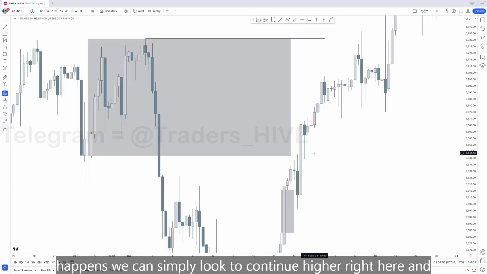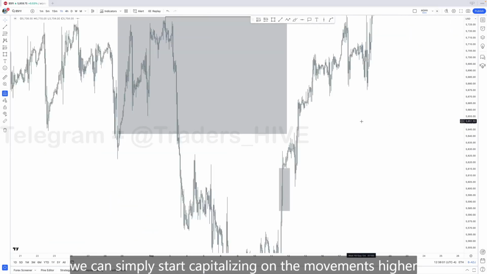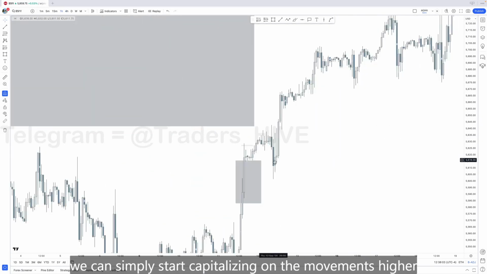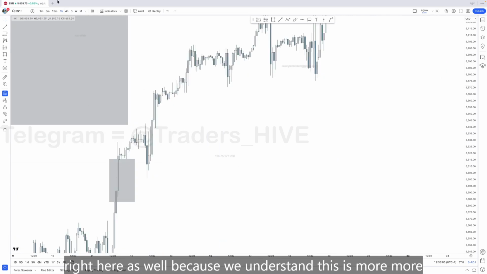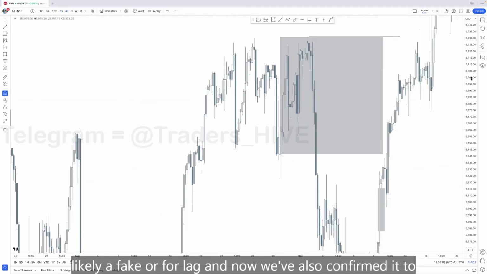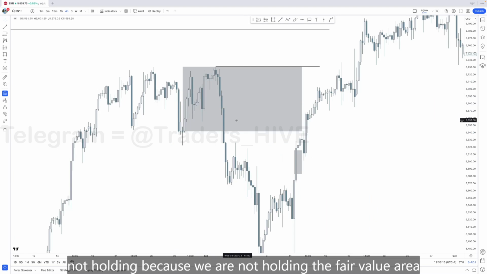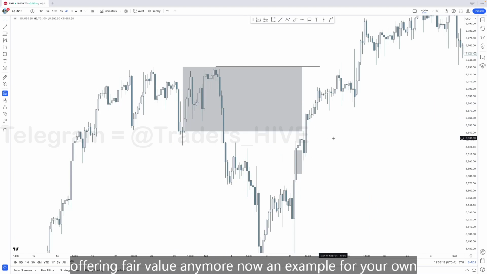When this happens, we can simply look to continue higher right here, and we can simply start capitalizing on the movements higher, because we understand this is more likely a fake order flow lag, and now we have also confirmed it to be a fake order flow lag by understanding the fair value area is not holding because we are not offering fair value anymore.